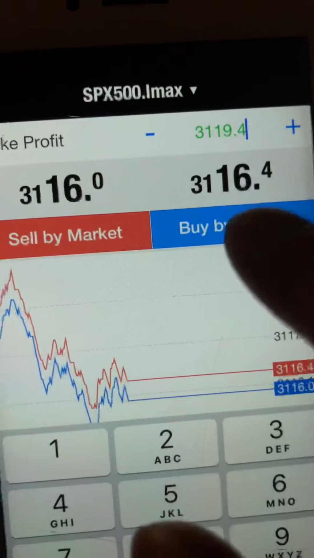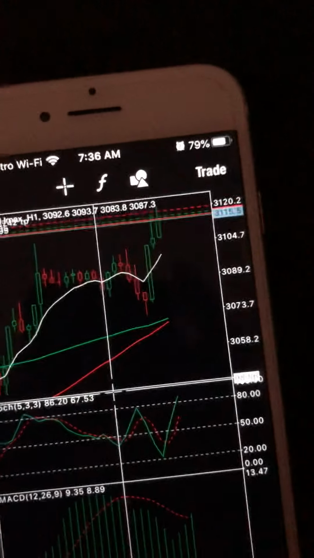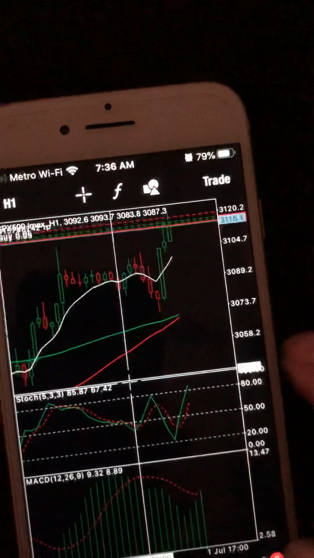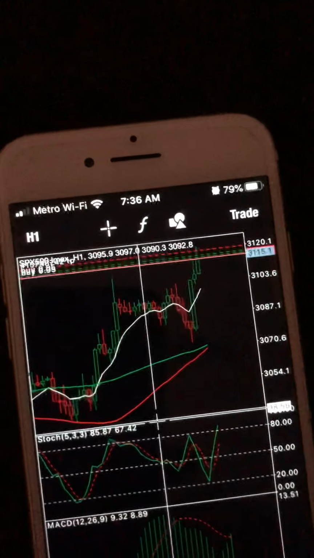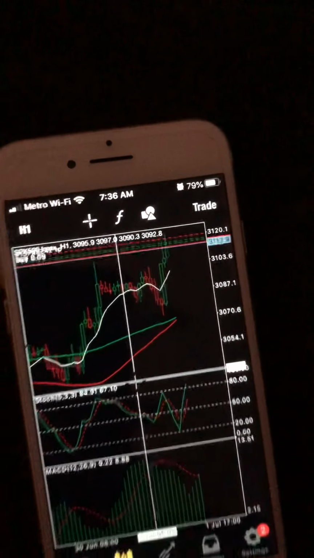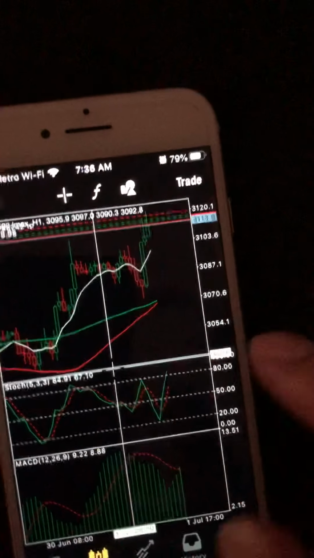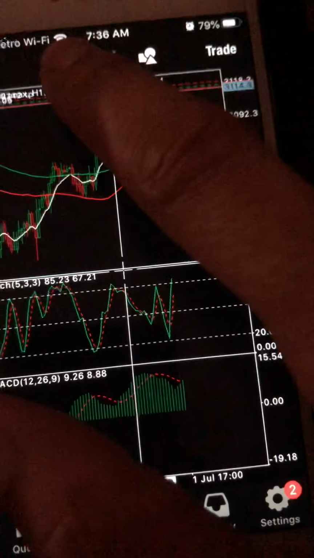So that's about 3 pips, but 3 pips is good with 5 cents. I could go with $1. You see how much I make. And that's on the hour chart, so it's probably going to take maybe a couple hours, or an hour or less, or maybe more than a couple hours, but that's going to profit. So that's how you use the MACD. Really simple.